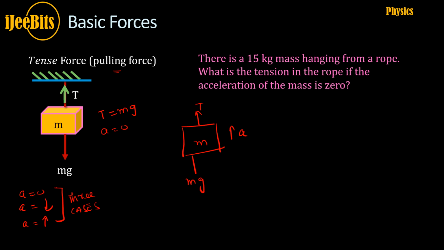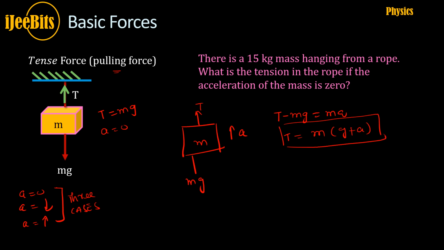Clear? So upward minus downward. How do you write the formula now? T minus mg would be your ma, the mass times acceleration. So T would be m of g plus a, or a plus g. Correct? This is one case that we have to see.